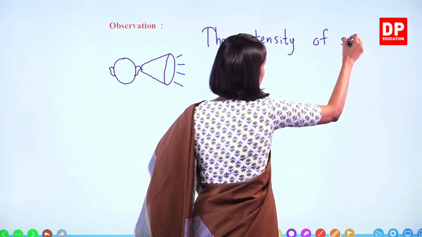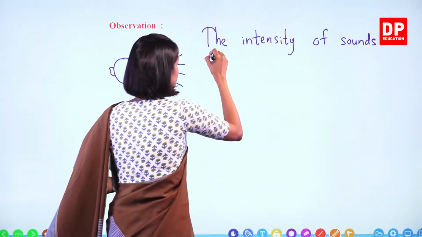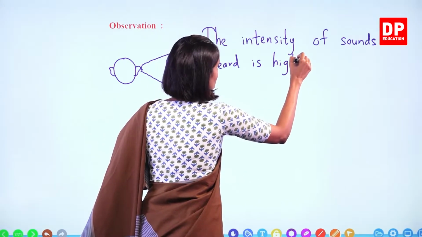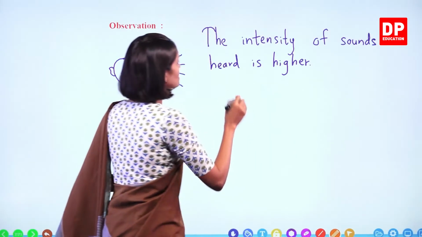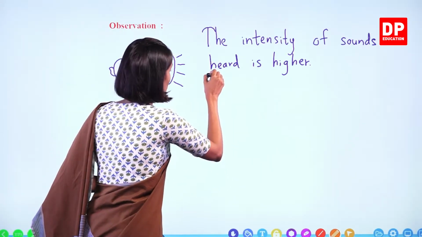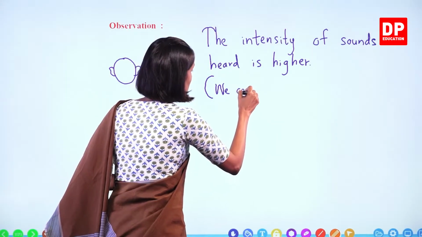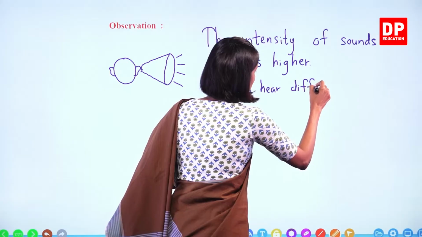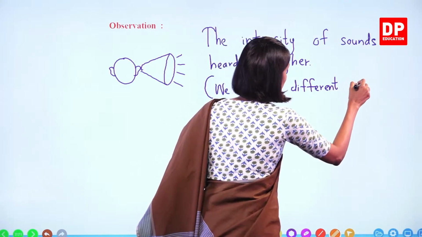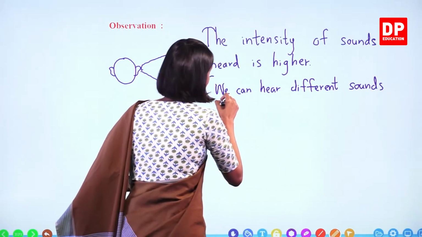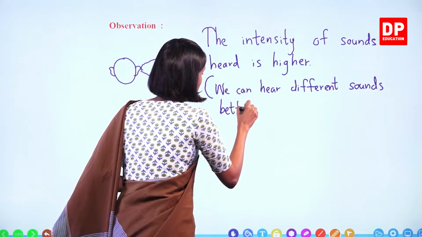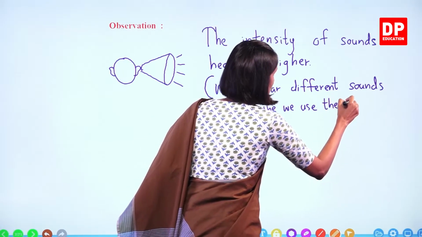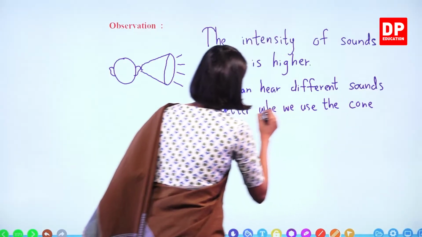The intensity of sounds heard is higher, which means we can hear different sounds better when we use the cone-shaped equipment.